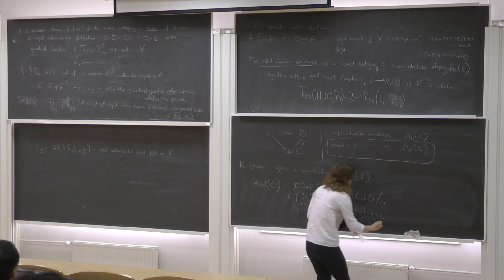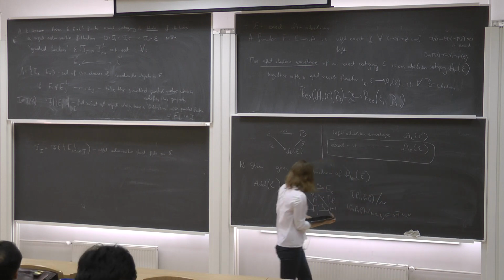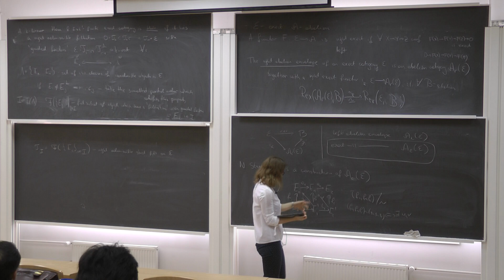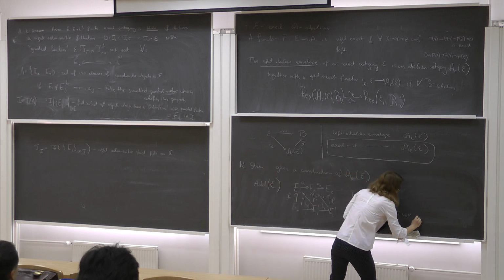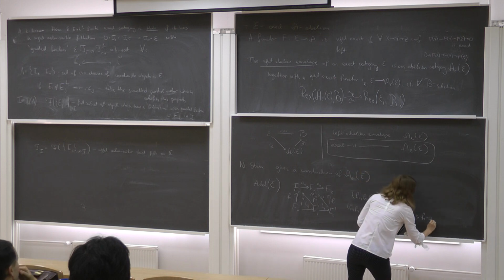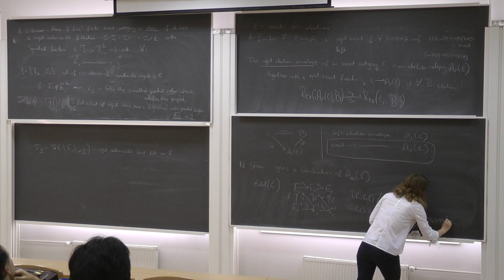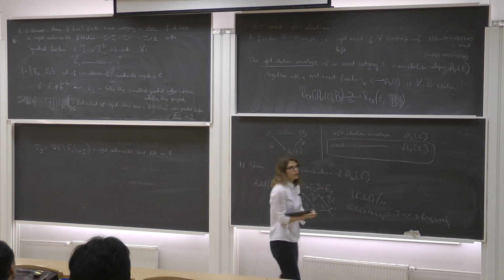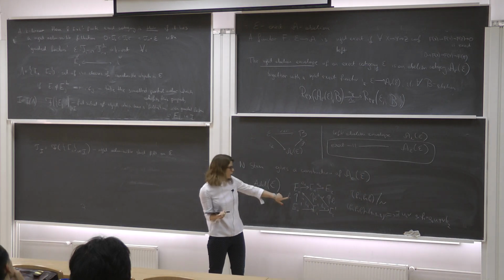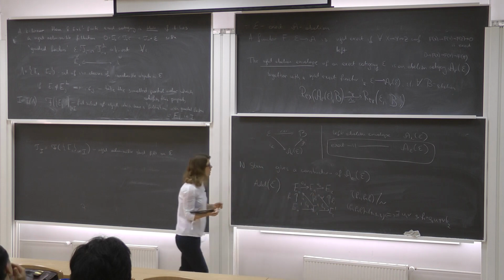So this is if and only if there exists this U and V such that G1 minus F1 is A1U plus V B2. So you don't want this homotopy to be a homotopy on the outside, only in the middle.